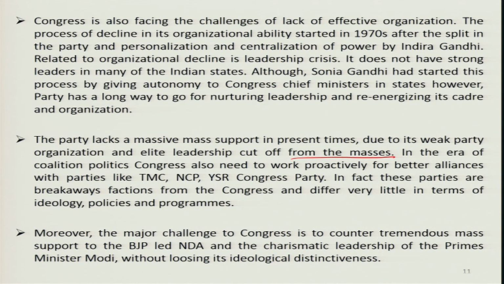So, the Congress party has the prospect or scope to form proactive alliances with these parties. Moreover, the major challenge for the Congress in contemporary times is to counter the tremendous mass support for the BJP and the BJP-led NDA, and the charismatic leadership of Prime Minister Modi.